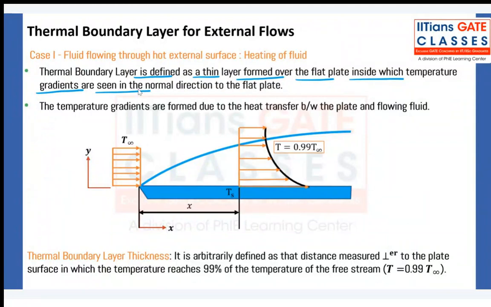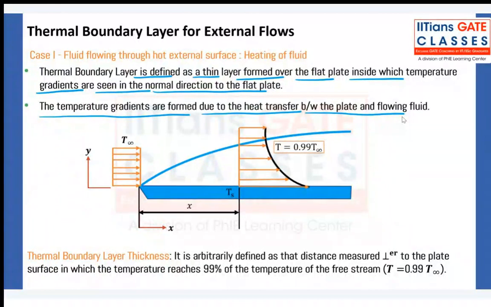And because of the temperature difference from T wall to T infinity, a thermal boundary layer is formed in the direction normal to the flat plate. The temperature gradients are found due to heat transfer between the plate and the flowing fluid. Because a temperature difference is there, heat transfer is also happening.